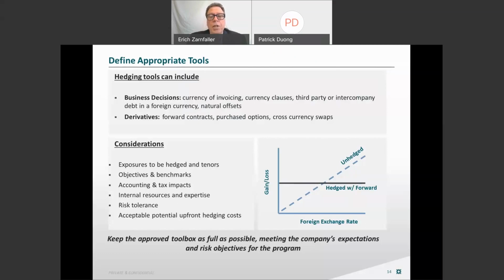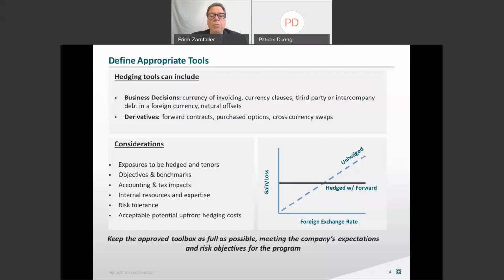And if options are considered, the company may need to budget for upfront costs. In the end, keep the approved hedge toolbox as full as possible in the policy for flexibility in managing risk, and continuously evaluate each tool for optimum hedge program effectiveness for each hedge situation.